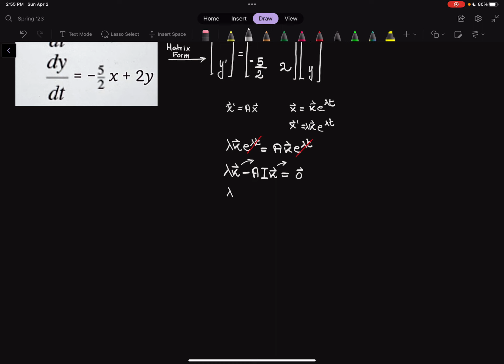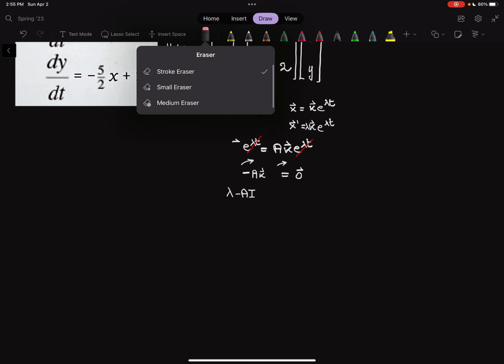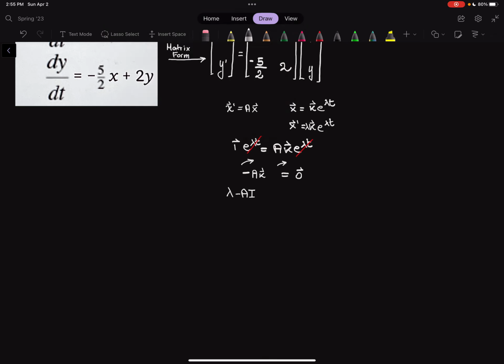What happens if we do that? Then we get lambda minus A I, and I made a mistake here. This is already a matrix. This is scalar multiplication, and I want to put the I here. So, this eraser is not collaborating. Okay, here and here. So I want to put the I right here.